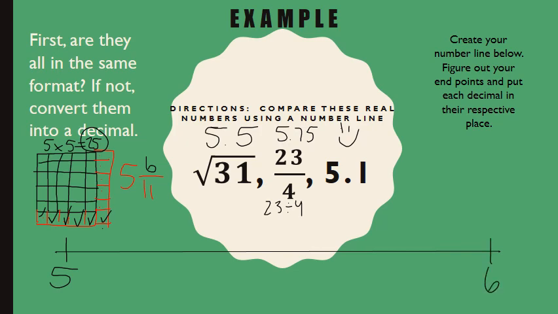Now that's not enough for us, because we could just put these randomly on the number line, but we want to be a little bit more specific. So I'm going to label in between here, starting with 5.5. 5.5 is directly in the middle of 5 and 6.